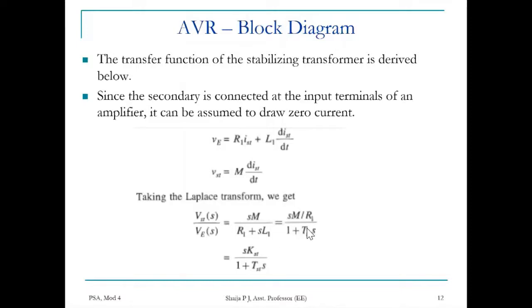So it can be written as S into KST by 1 plus S TST, where KST is the gain constant of the stabilizing transformer and TST is the time constant.